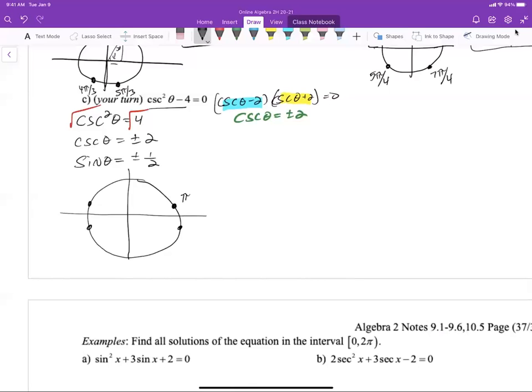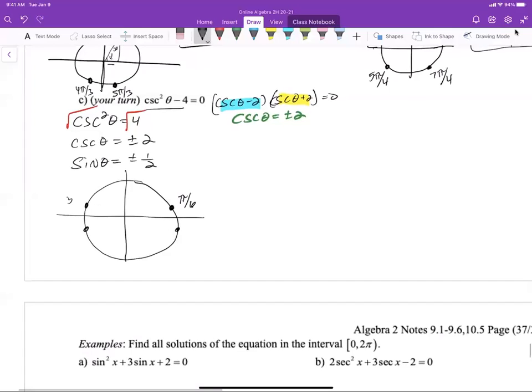Those are my pi over 6 angles. This will be 5 pi over 6. This is 7 pi over 6. And this one, I have to think about that one, 11 pi over 6. Let me double check my answers. That is correct. So theta equals pi over 6, 5 pi over 6, 7 pi over 6, and 11 pi over 6.